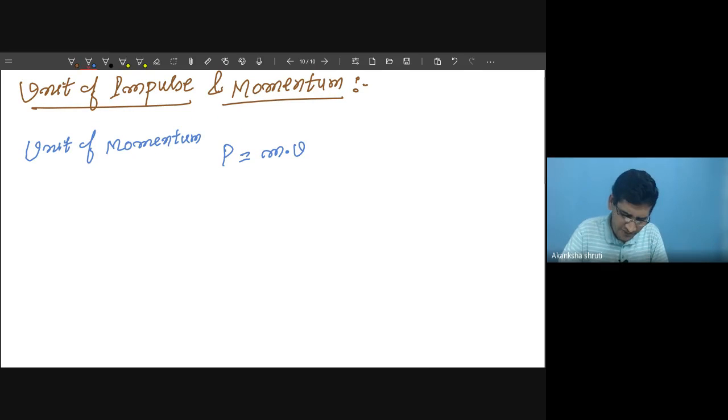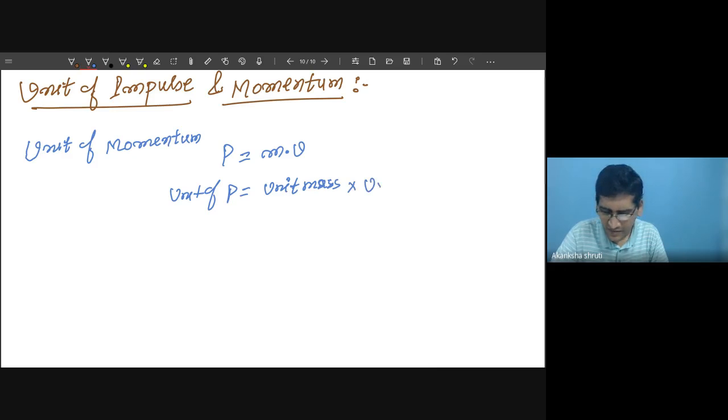So the unit of P, where P denotes momentum, you have to take the unit of mass and also the unit of speed, or rather velocity.